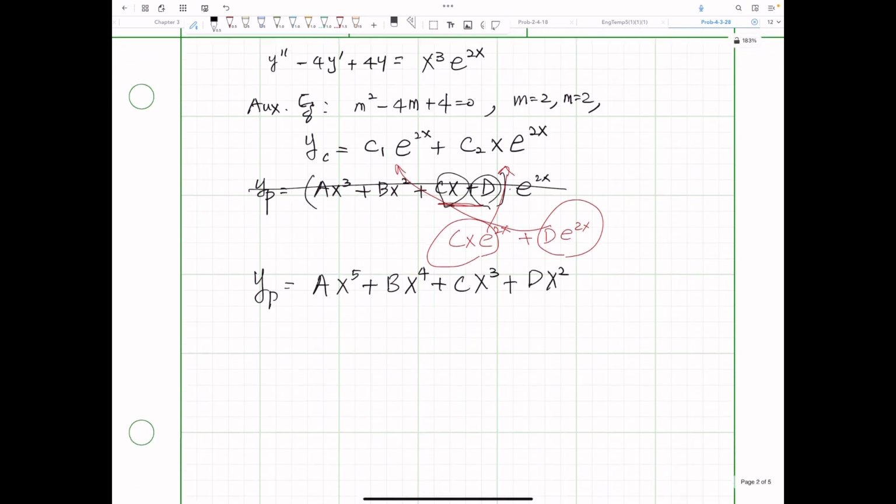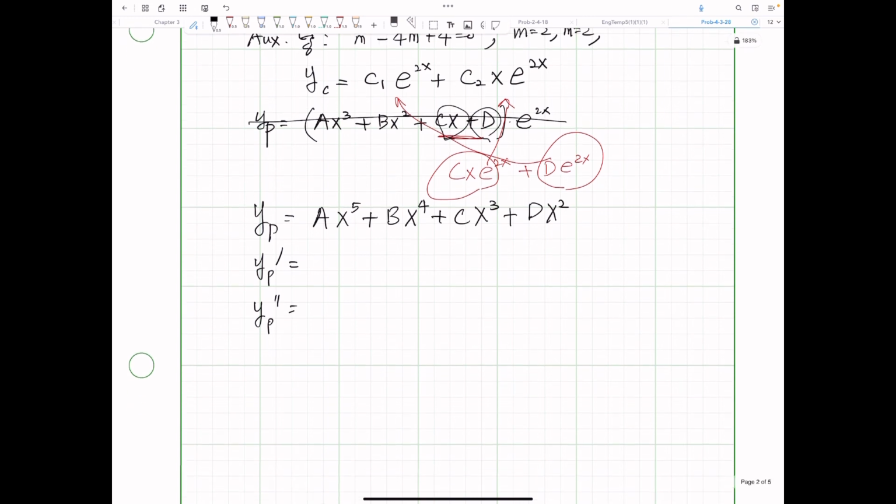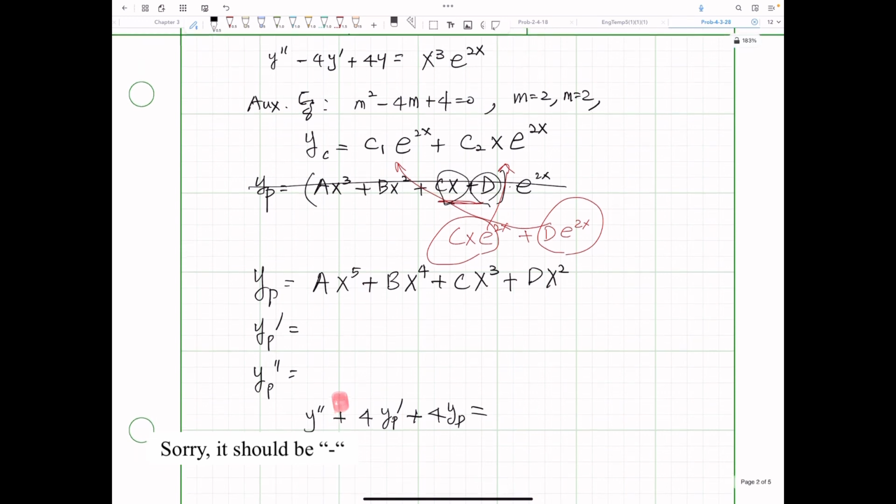If you use this y_p, then you need to find y_p prime and y_p double prime, and put them into y_p double prime minus 4 y_p prime plus 4 y_p, and let that equal x cubed e to the 2x.